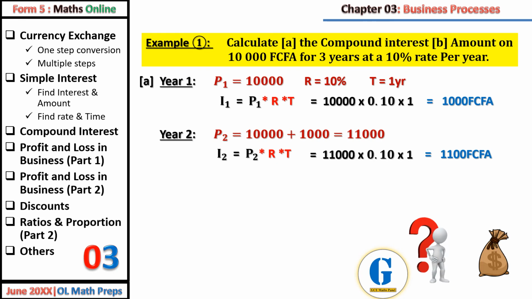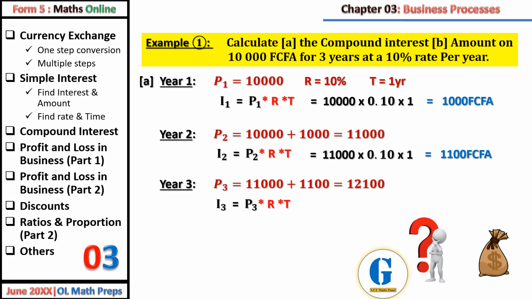The third year, since they said for 3 years, at the beginning of the third year, the principal is the principal of year 2 plus the interest of year 2, and that gives us 12,100 francs. And therefore, at the end of year 3, the interest I3 will be equal to P3 times rate times time, giving us a value of 12,010 francs.